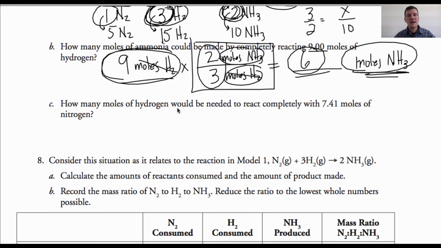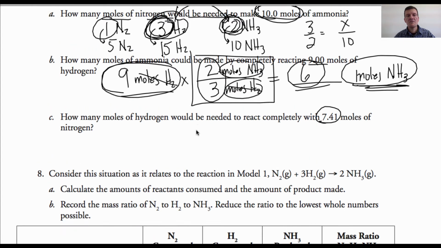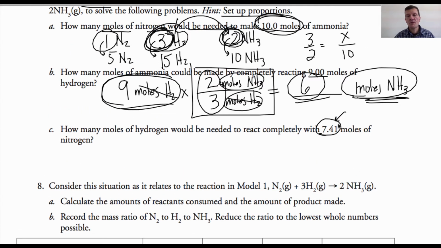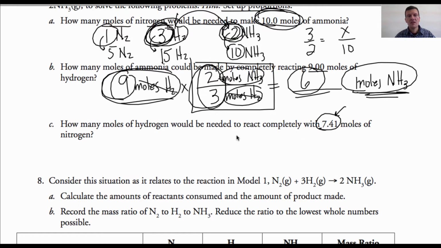How many moles of hydrogen would be needed to react completely with 7.41 moles of nitrogen? Now they're throwing in 7.41 because it's not as easy. Before we had 9, 10. It was easy to see what factors were being used, but 7.41. So let's use our mole ratio now. How many moles of hydrogen would we need to completely react with nitrogen?